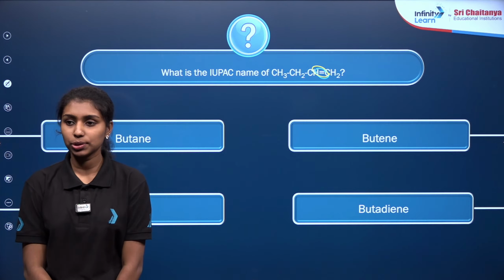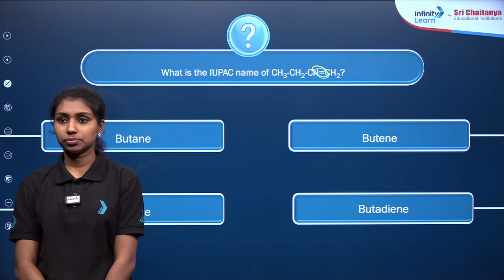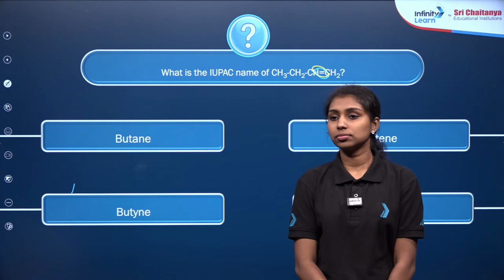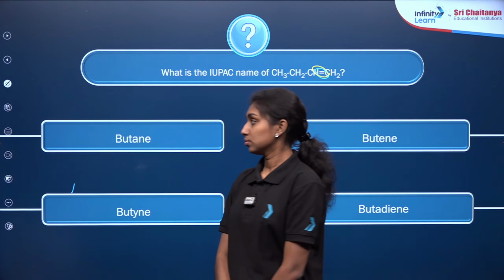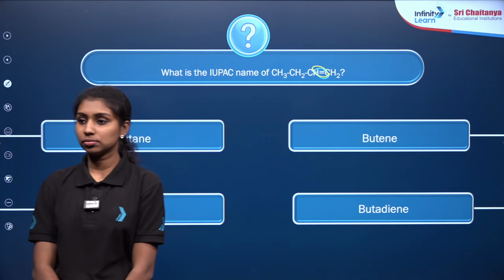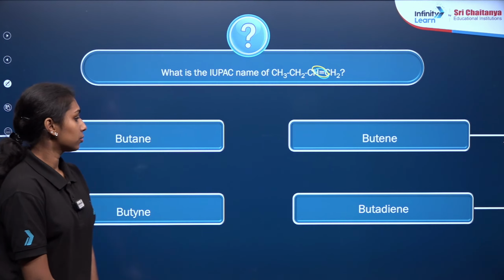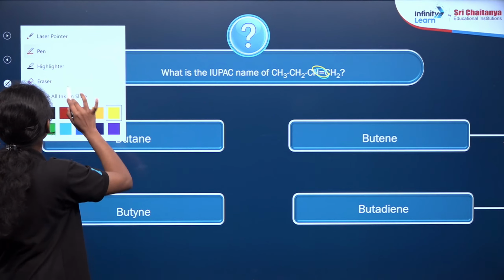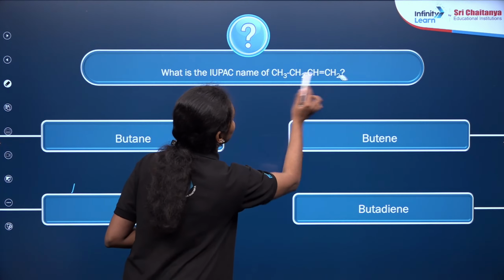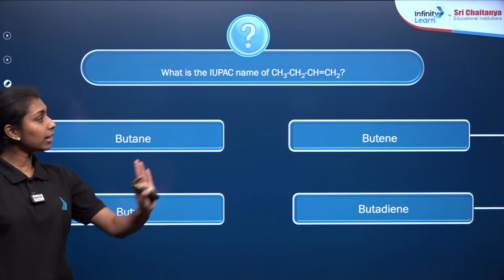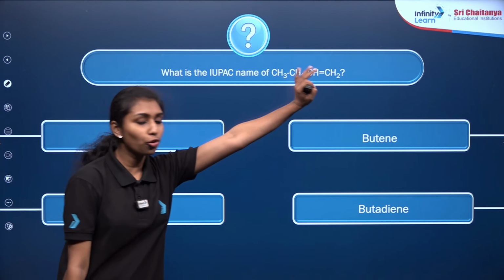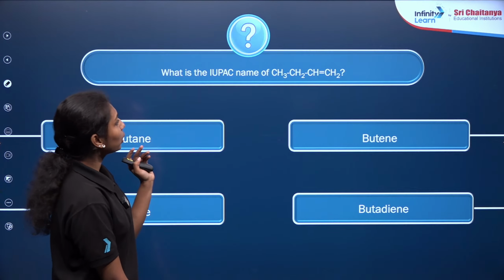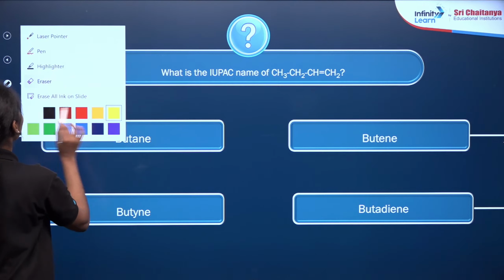So what will be the answer? Longest chain will be 1, 2, 3, 4, a 4 carbon compound. Arush is saying butane and Sankita is saying butene. Let's see what the answer is.